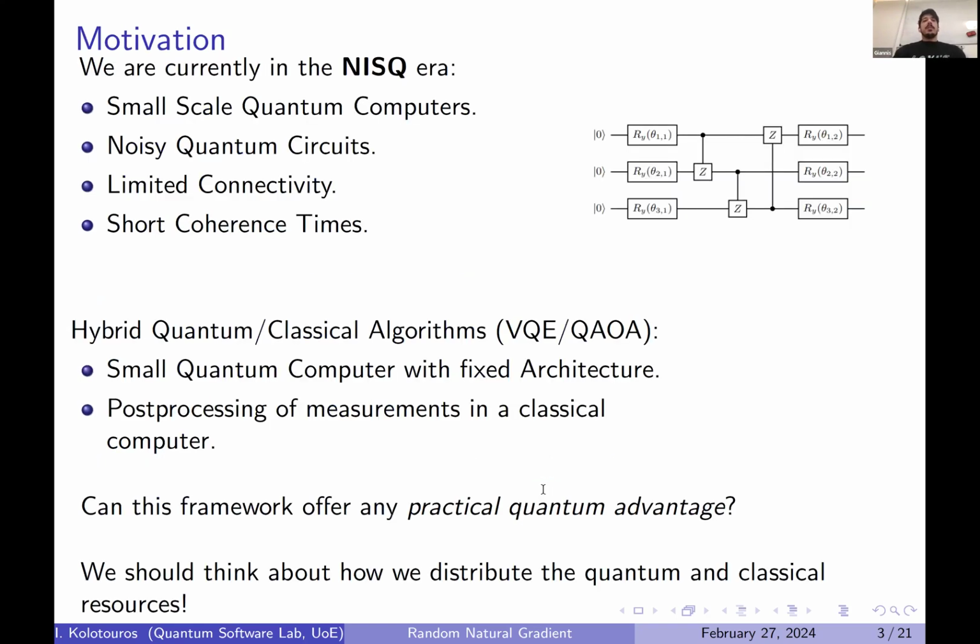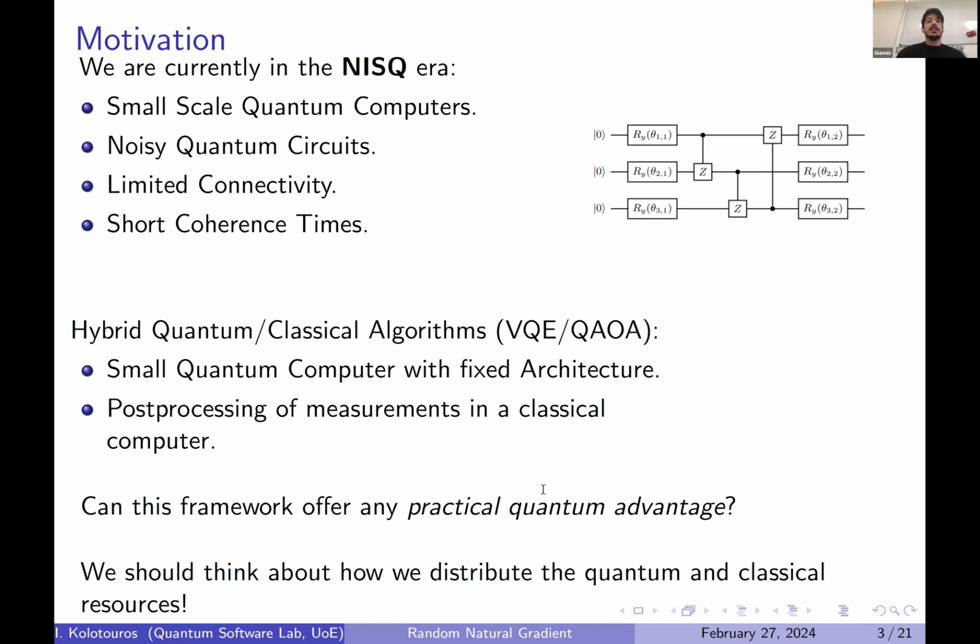So, as you probably already know, we are currently in the NISQ era where the quantum computers that are available are small in size, they are noisy, their connectivity is limited, and the coherence times are small. This poses the question on whether these devices can be any useful, if they can provide any valuable outcome.